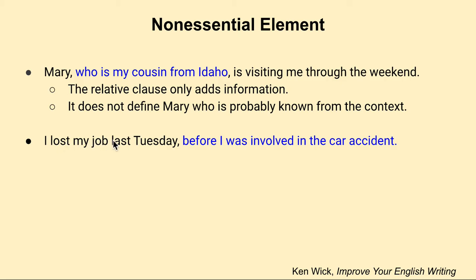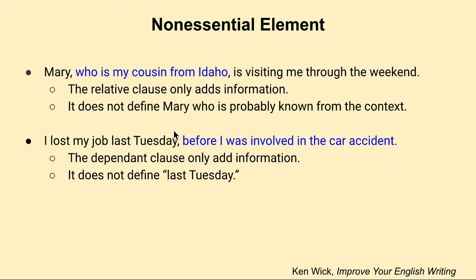I lost my job last Tuesday before I was involved in the car accident. So this dependent clause here, before I was involved in the car accident, is only adding information because it doesn't define last Tuesday. We know what last Tuesday is. There's no way this can be limiting last Tuesday.